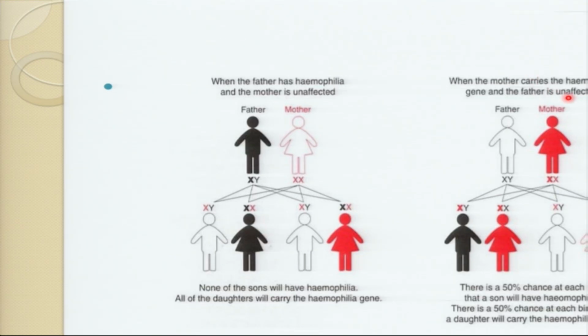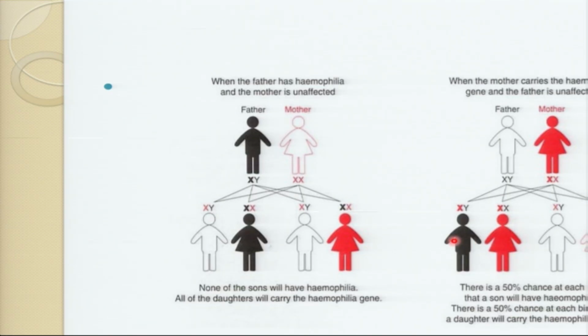When a mother carries the haemophilic genes and the father is unaffected, now see what will happen. The father is not haemophilic, but the mother is haemophilic. See, the diagrams have a boy who is affected, and a girl who is also affected.